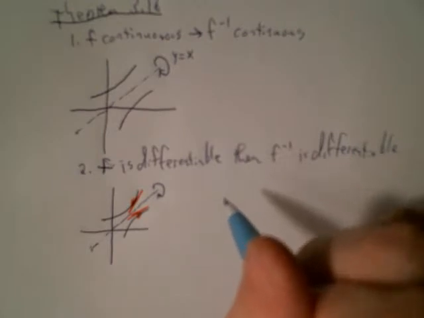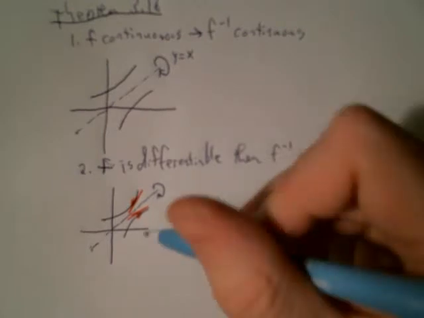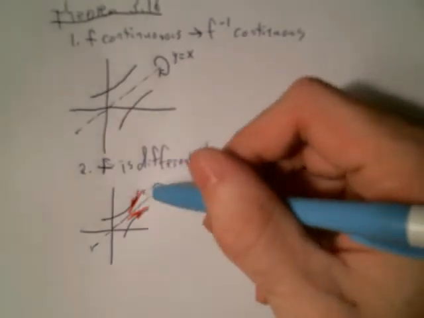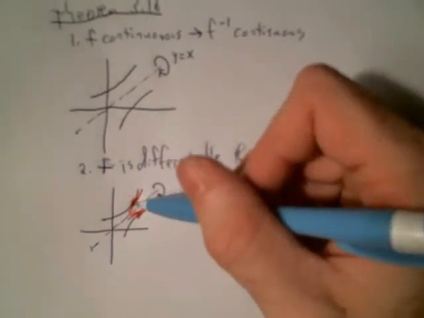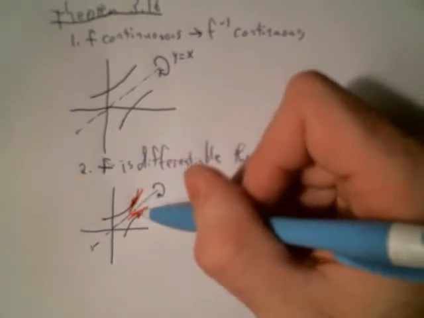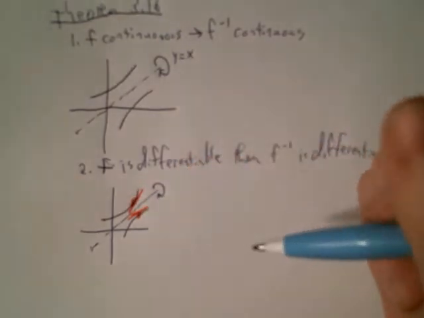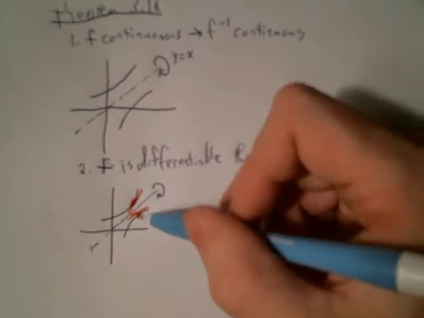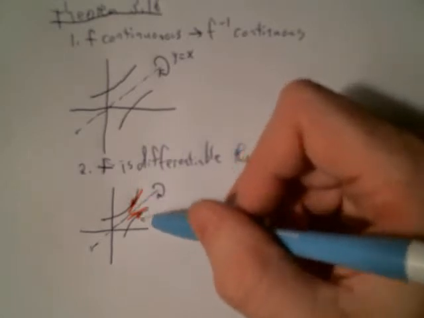Basically, this will work. If this has a tangent line slope here, the inverse will have a tangent line slope here for all cases except when the derivative is 0, because the reciprocal of 0 is undefined.